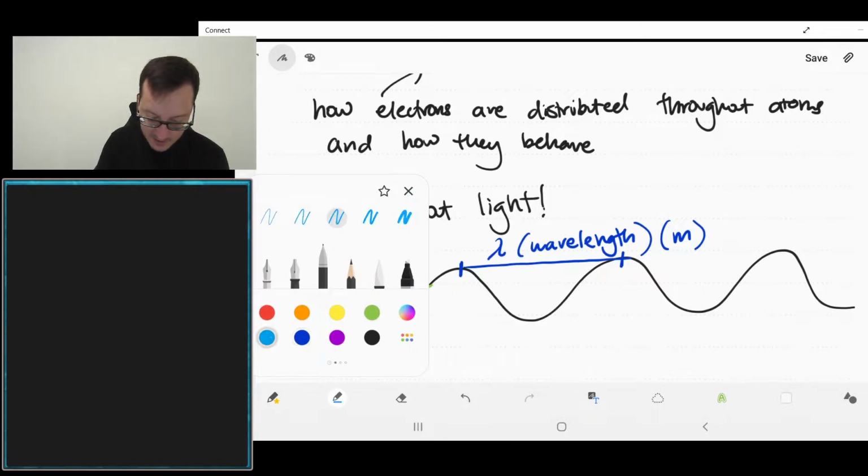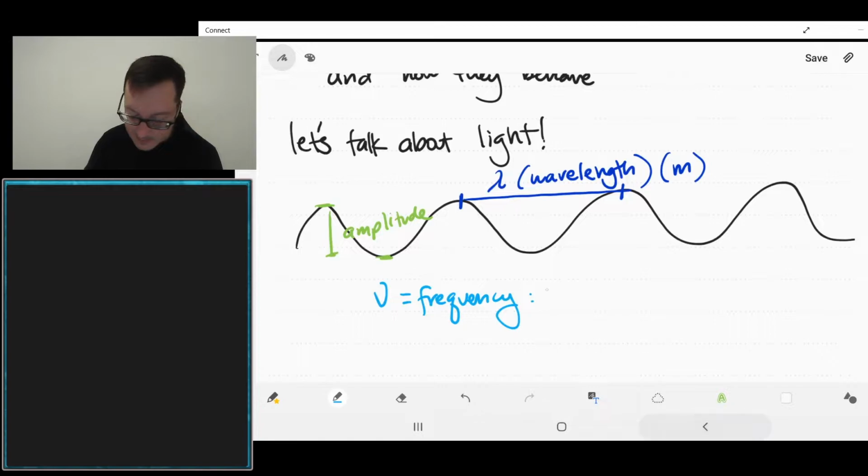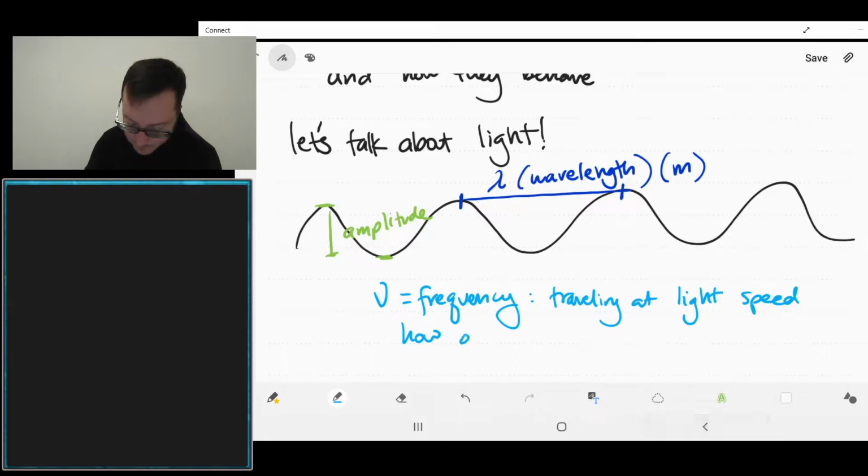Another component we have is called the frequency, and that's basically, traveling at light speed, just how often we traverse a wavelength.